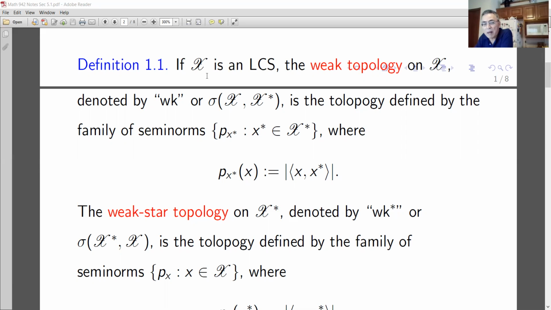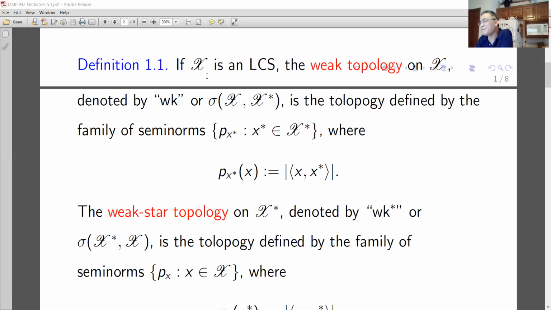Now we need to recall the definition of locally convex space. A locally convex space, by our definition, is a space with a topology defined by a family of semi-norms. Let's recall the topology defined by a family of semi-norms. In this topology, each open set is the union of basic open sets.